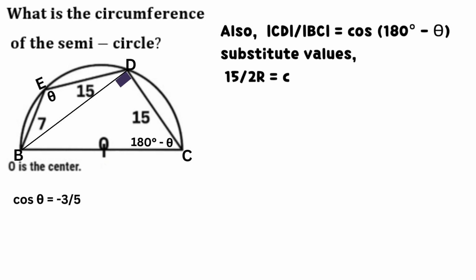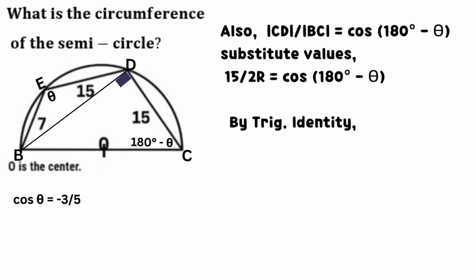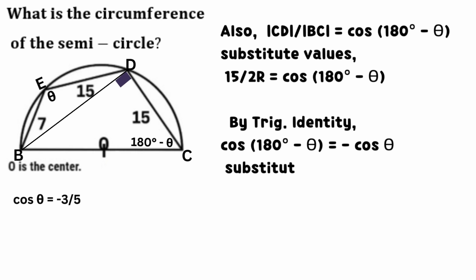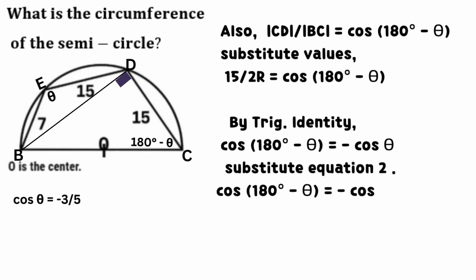Also, line CD divided by line BC equals cosine of 180 degrees minus theta. Substitute values and we have that 15 divided by 2 times r equals cosine of 180 degrees minus theta. By trigonometric identity, cosine of 180 degrees minus theta equals negative cosine theta.